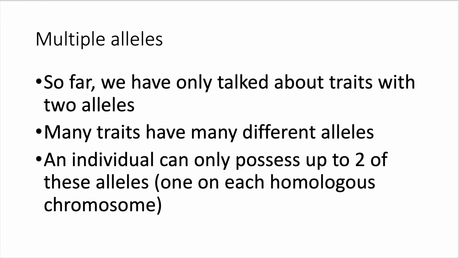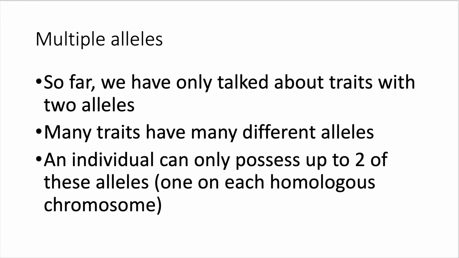Okay, so far we've only talked about traits with two alleles, but actually many traits have many different alleles. This is called polygenic inheritance. We're going to start with a simple example of this, and that's blood type. So there are many different alleles, but an individual can only have up to two of the alleles, one on each homologous chromosome, or as we've been saying, one from mom, one from dad.